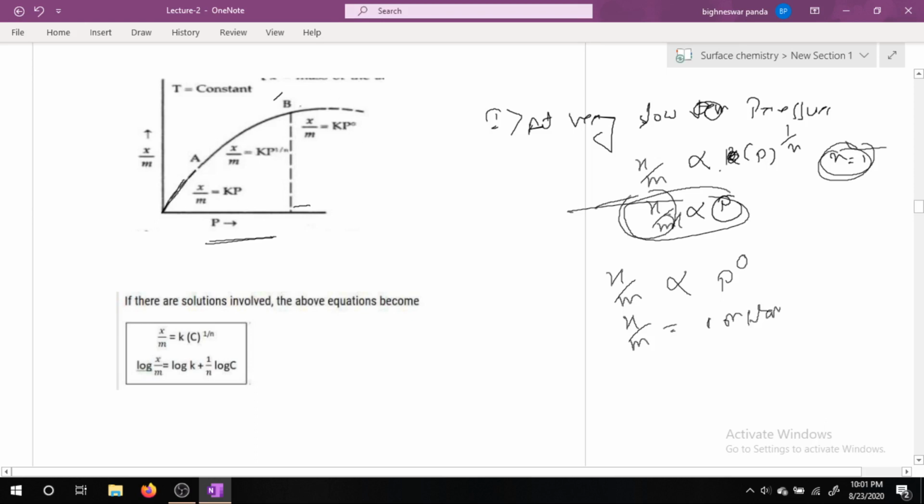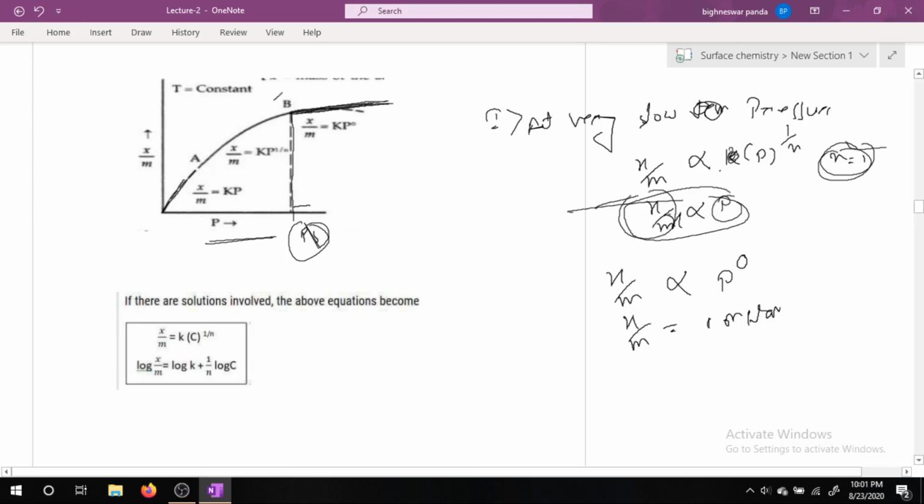So for high pressure, here this is the saturation point, saturation pressure. After this pressure, with increase in pressure, x by m is independent of pressure and it will remain constant. So the degree of adsorption will remain constant after saturation pressure.